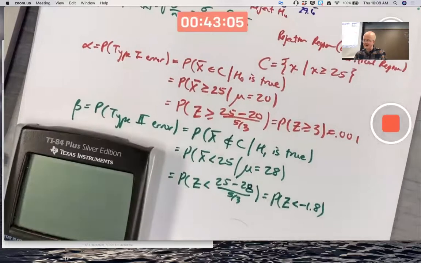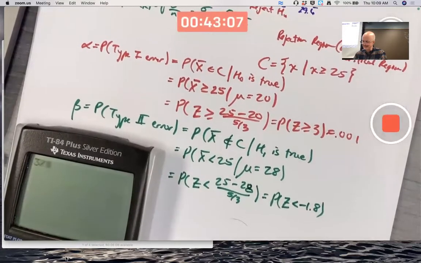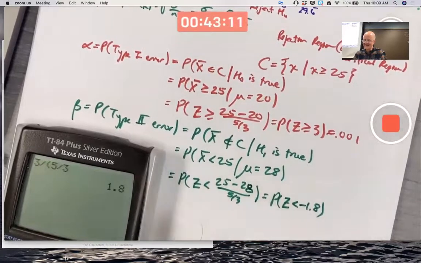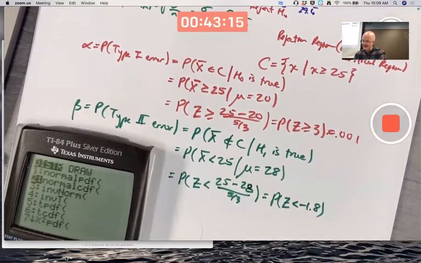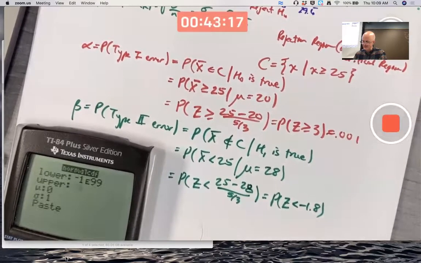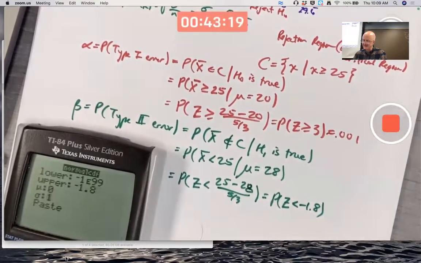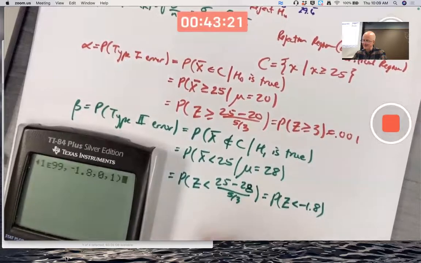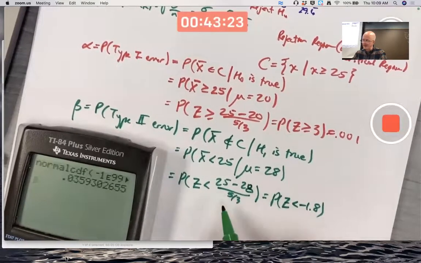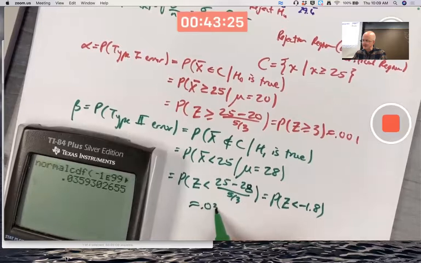That's right, right? I'm feeling uncertain. Yeah, okay. Normal CDF, -1.8. It's about 0.036 is what you should have gotten.